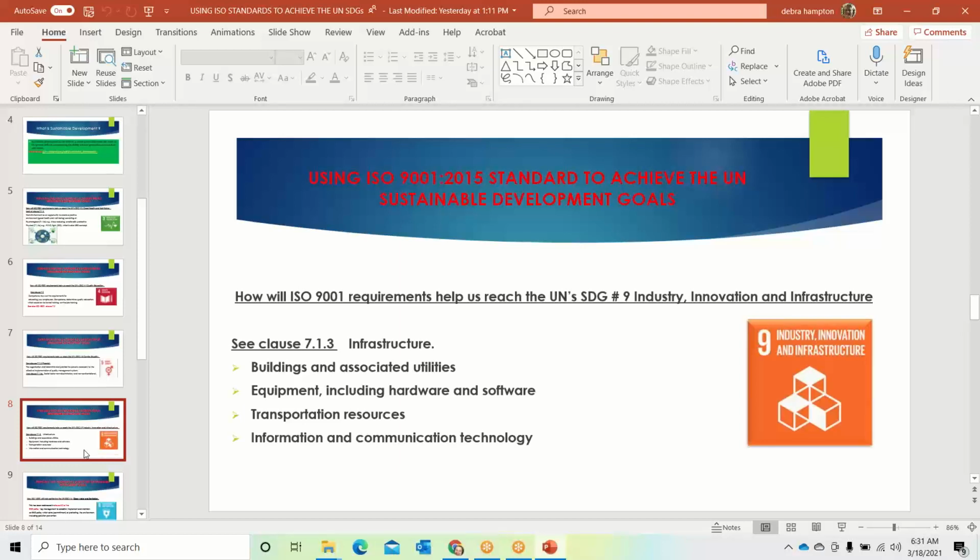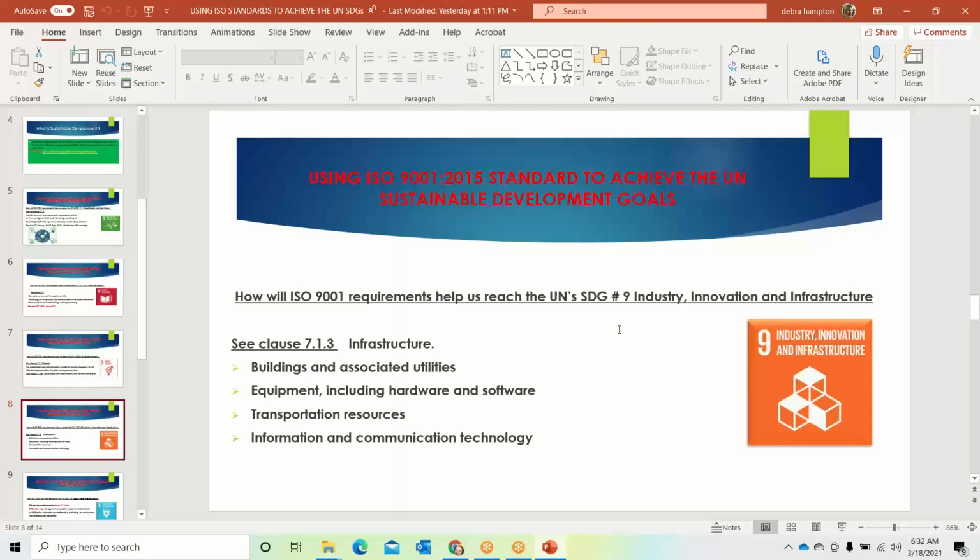Next slide, please. The next sustainable development goal is goal number 9, which talks about industry, innovation, and infrastructure.